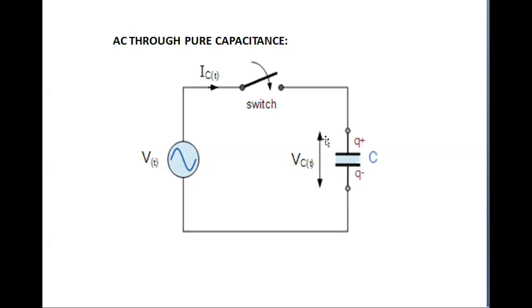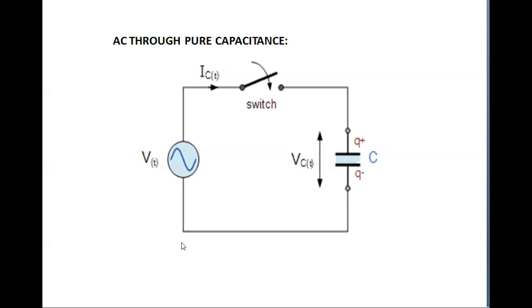Here Vc of t is the voltage across the capacitor and Ic of t is the current passing through the capacitor. What is the formula to determine the current passing through the capacitor? You already know the formula: Ic of t is equal to C into dV of t by dt. From that you can derive the formula for I of t by substituting this V of t formula.